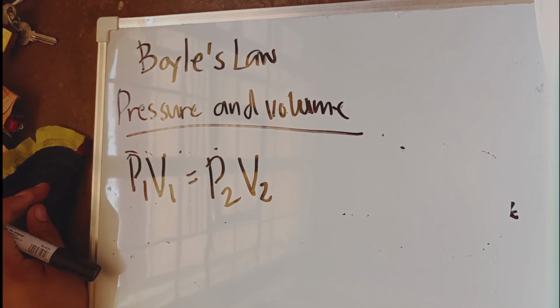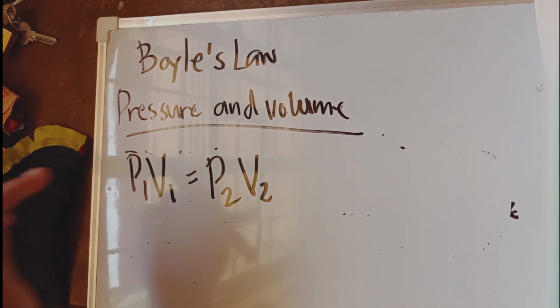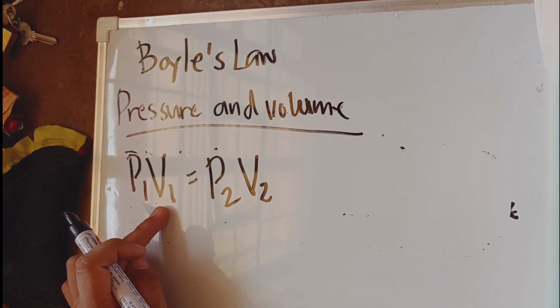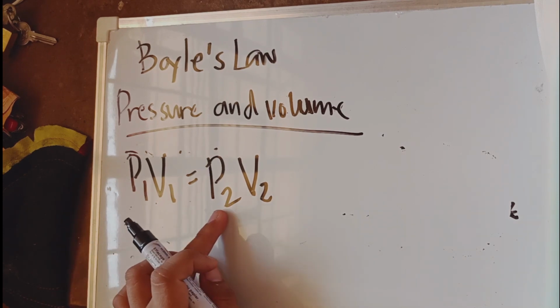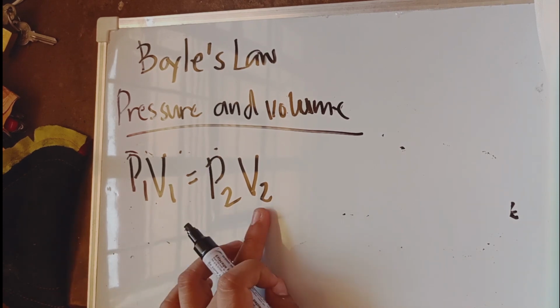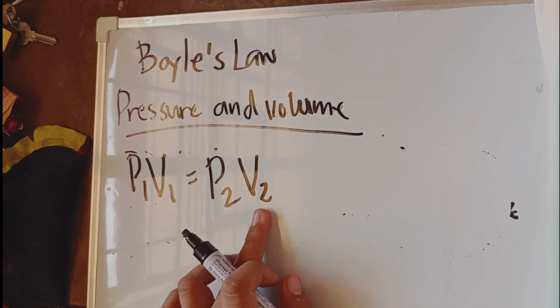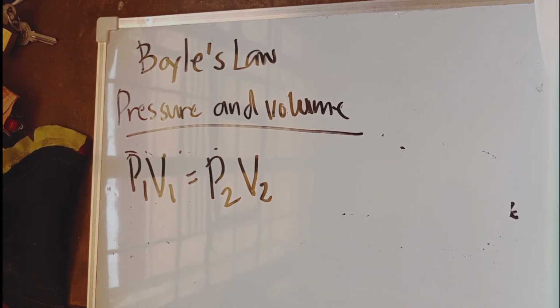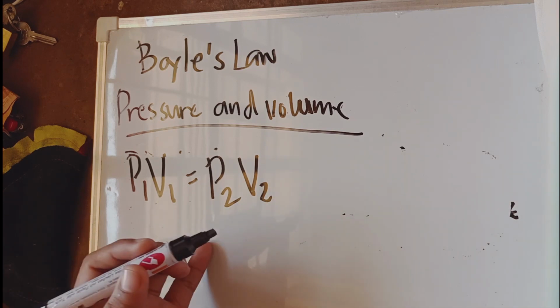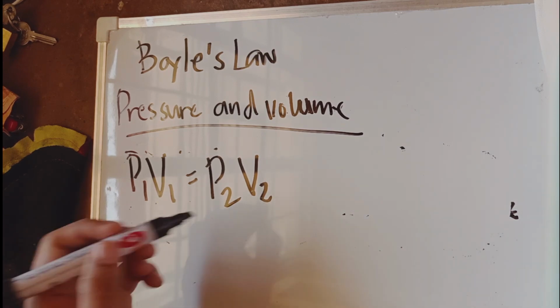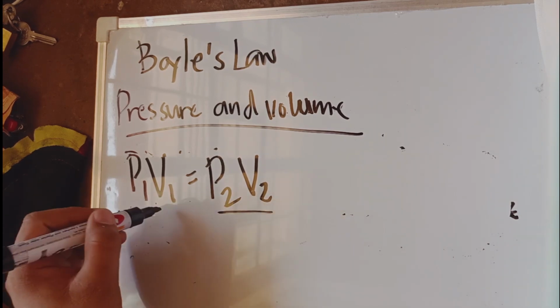For example, you have a given pressure and a given volume, but you need to find the pressure 2, and there's a given volume 2. So you need to derive the formula. Since this is the formula, you divide both sides.